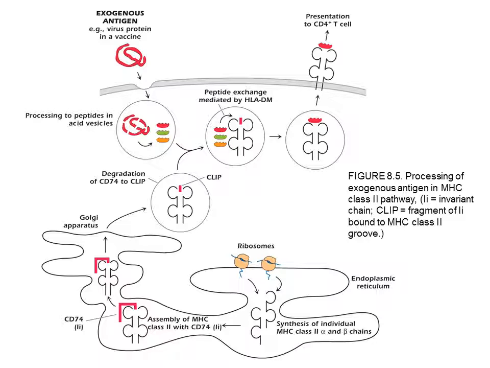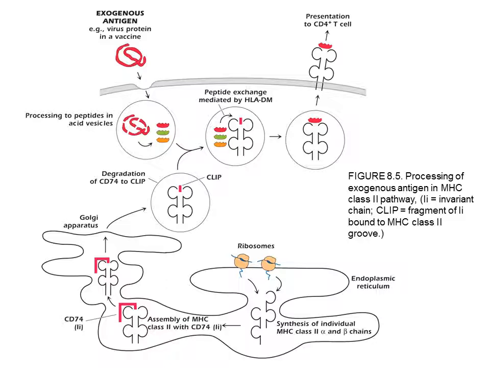So it comes up in a raw form. And the raw form would suggest that while it is in the cell, the groove is there, but we don't want this groove to be occupied by any other thing than the required antigen. So we put a lock on that. So we kind of close it. So we put like a clip there, and it is called CLIP.